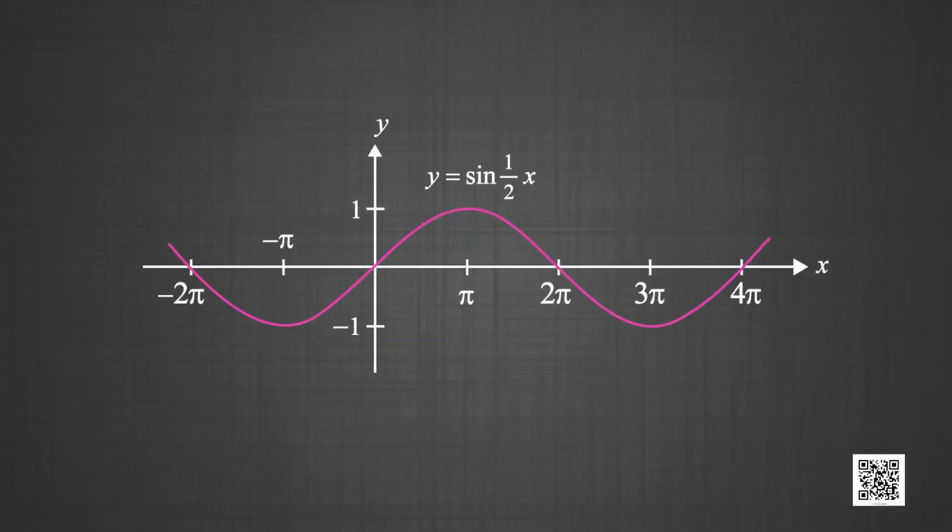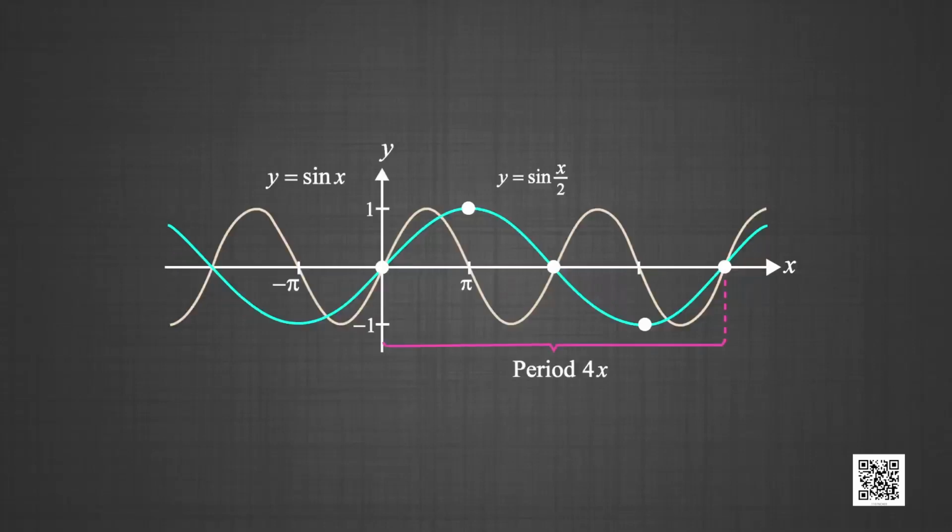For the graph of the function y = sin of half x, the period is 2 pi divided by half, that is equal to 4 pi, and so the graph completes one period in the interval 0 ≤ x ≤ 4 pi.